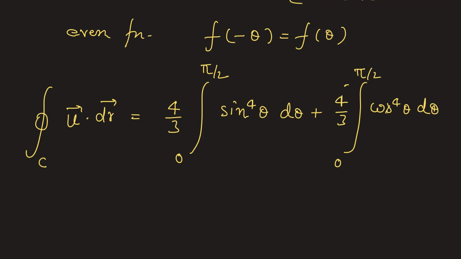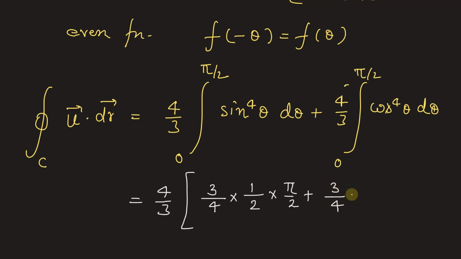Now if we apply the Wallis rule here, we can take 4 by 3 common, and the value of n here is 4 according to the Wallis formula. So we write 4 minus 1, that is 3, divided by n, that is 4, into n minus 3, that is 1, by n minus 2, that is 2, into pi by 2, plus 3 by 4 into 1 by 2 into pi by 2.